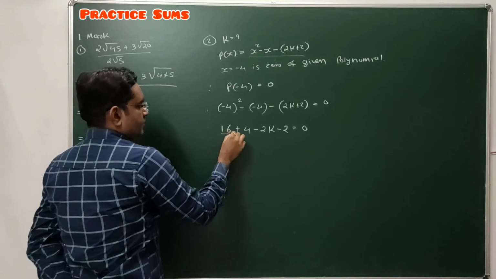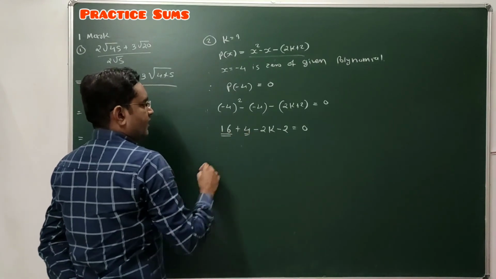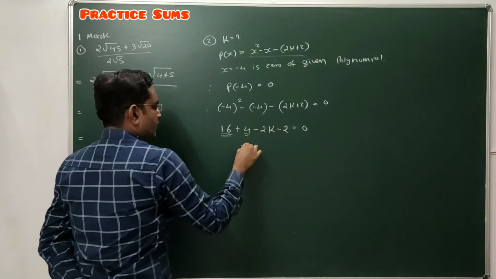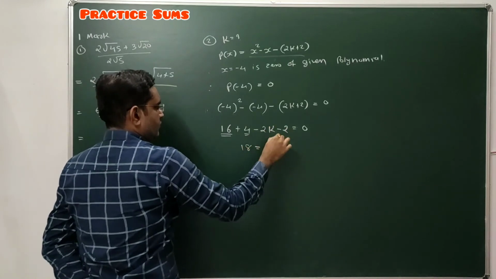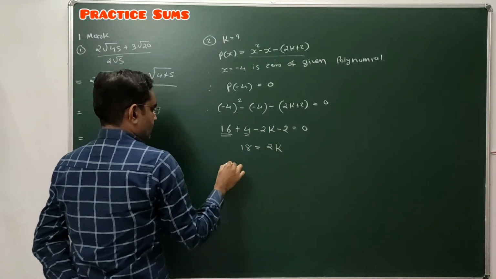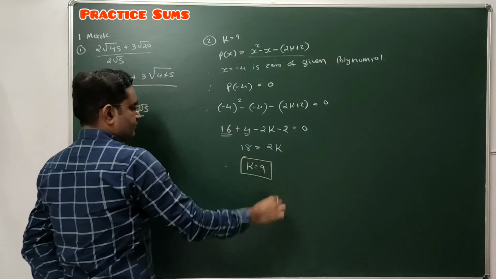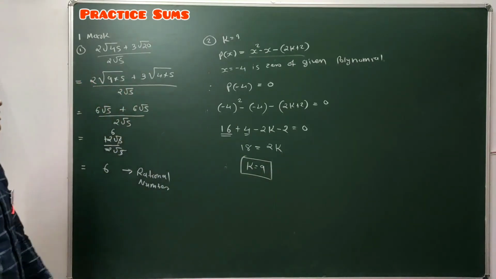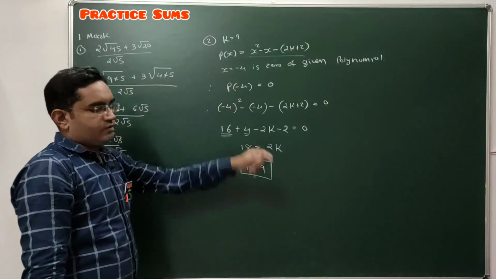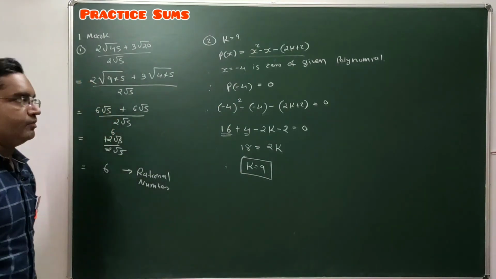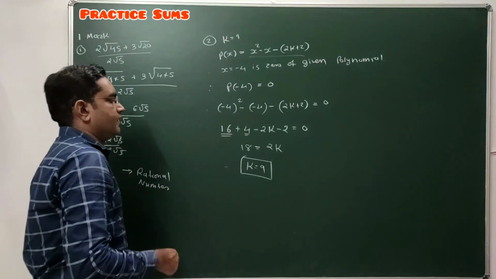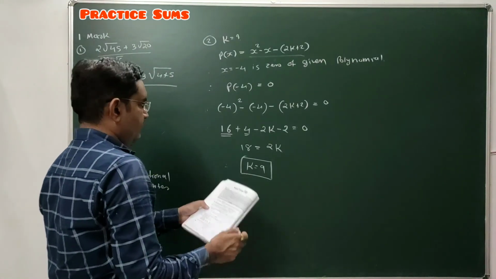So simplification, 16 plus 4 is 20, plus 2 is 22... so 22 equal to 2k, and therefore k equal to 11 is the answer. For this value of k, x equal to minus 4 is a zero of this given polynomial. So the answer is k equal to 9.